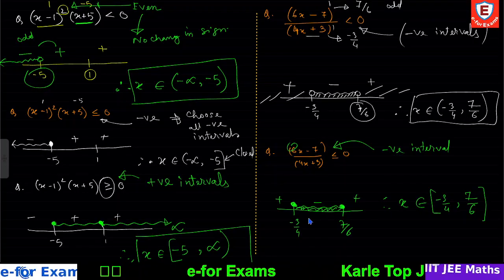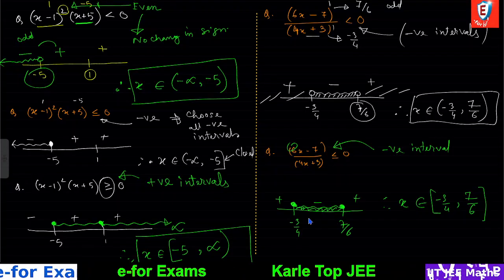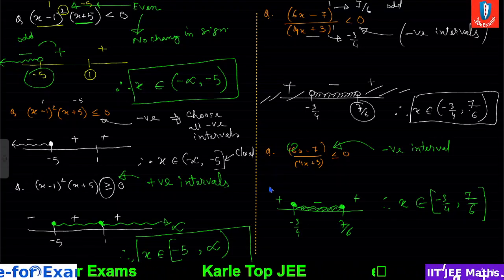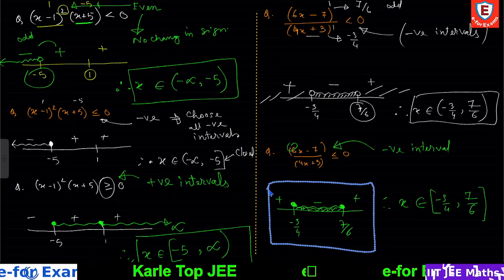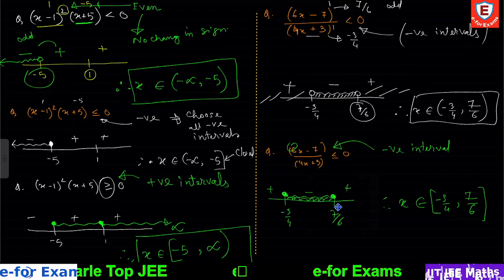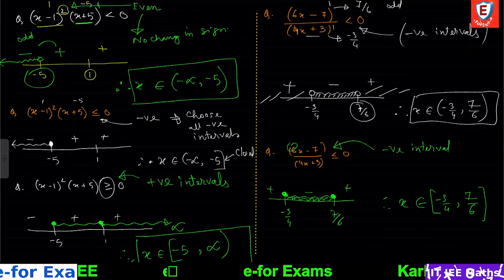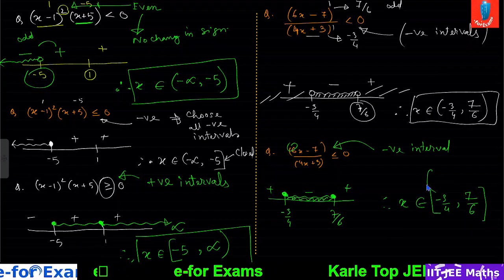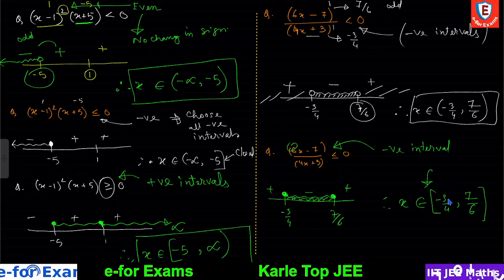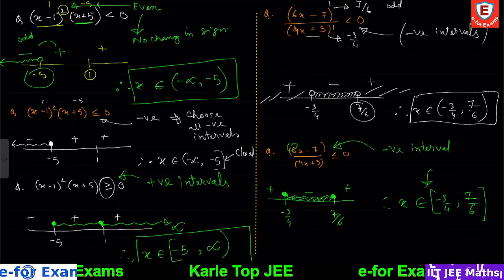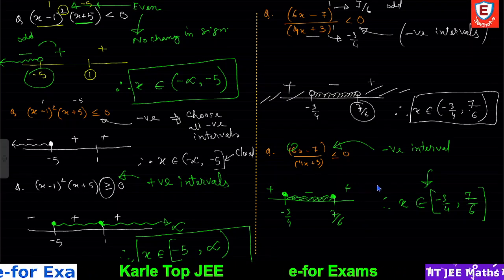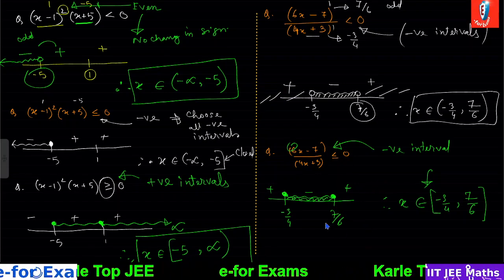Here, one important thing in this question, you have to observe carefully. Here I am using a close bracket. That means including 3 by 4. Now let us check if it satisfies the given inequality or not.